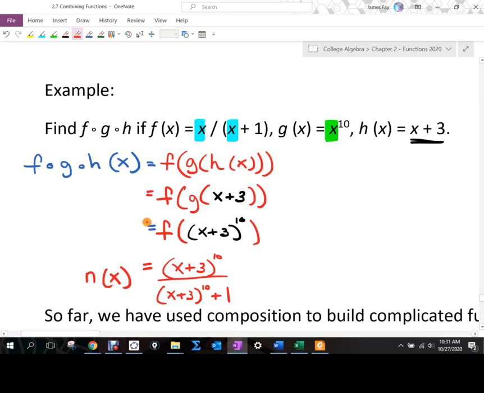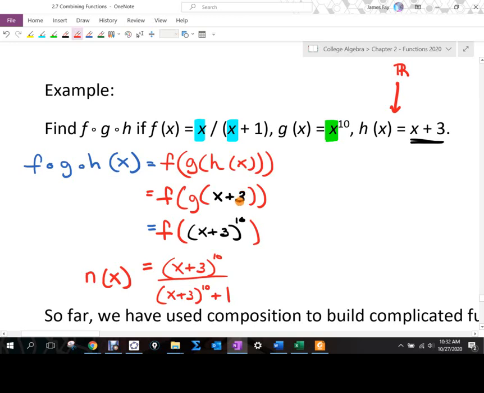How does the domain have to operate here? First of all, what is the domain for H? All real numbers. And the reason I got to figure that out is because the domain of N is only going to work or exist when the domain of these innermost functions exists, right? Okay? So in the last one we only had two functions, F and G, so I only had to look at the innermost function.